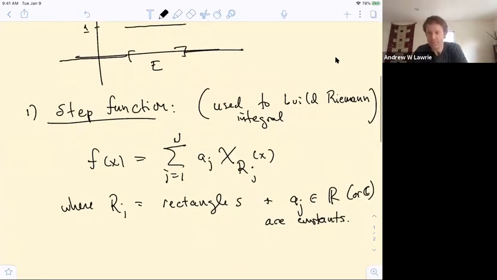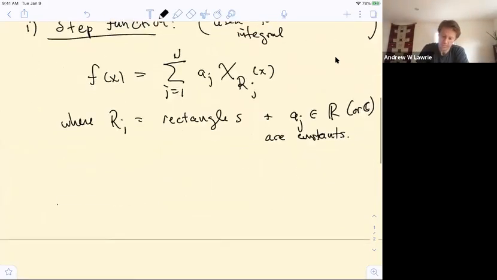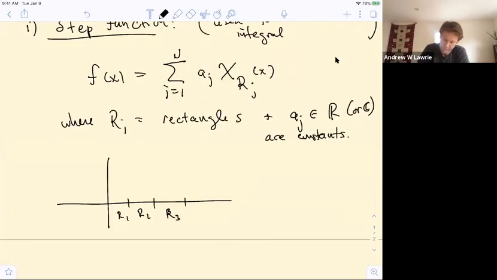So it's just a superposition of characteristic functions on rectangles that are given different weights. So for example, if I have three rectangles, R1, R2, R3, say three intervals, then a step function might look like this, where this is a_1, a_2, and a_3.